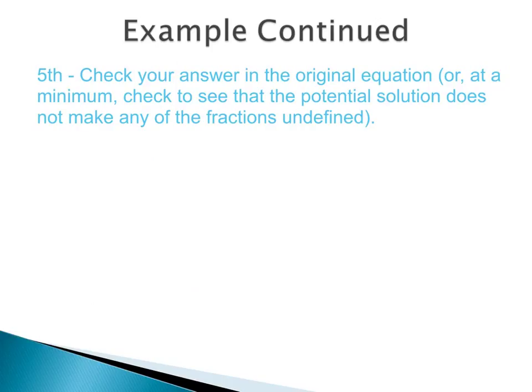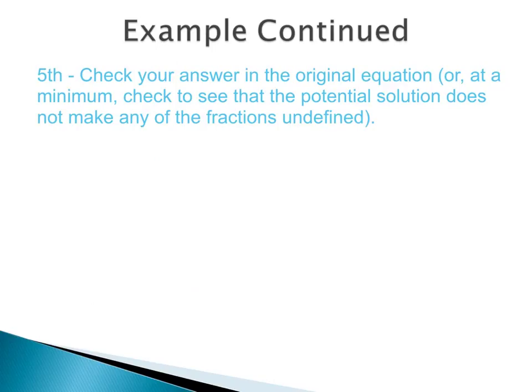If we get an answer that gives us a 0 in any of the denominators, that means it can't actually be a solution. When we multiplied to get rid of our fractions, we sort of took advantage of the fact that there were some values that we actually can't get for x because it would not work. Our fractions would be undefined. So what we need to do is at a minimum substitute in x equals 4 into each individual fraction to see if we get a 0 in the denominator.